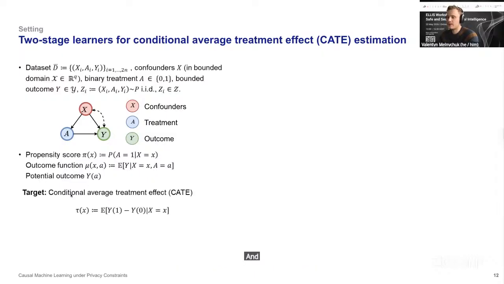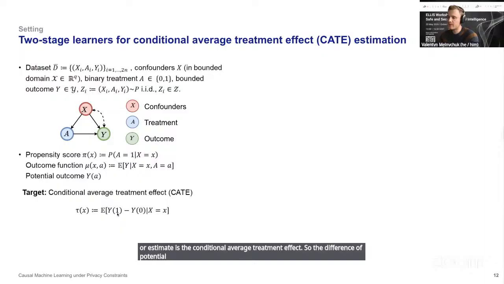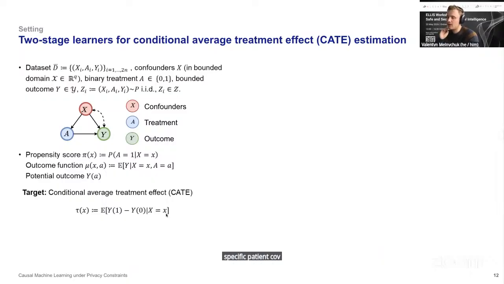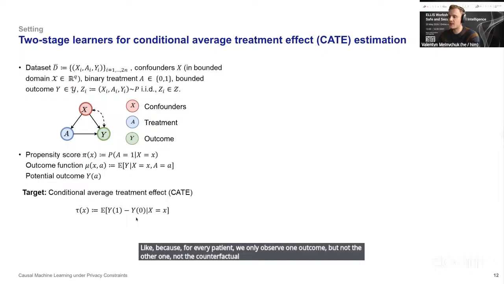What we want to learn or estimate is the conditional average treatment effect: the difference of the potential outcome given treatment minus the potential outcome without the treatment, conditional on the specific patient covariates. In general, because for every patient we only observe one outcome, but not the other one, the counterfactual outcome, this is impossible to learn.